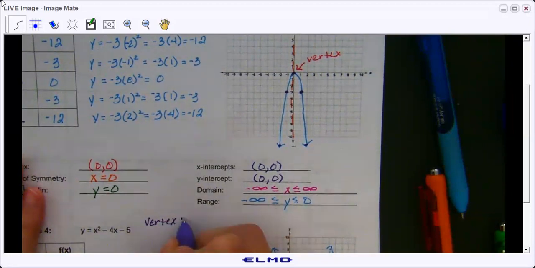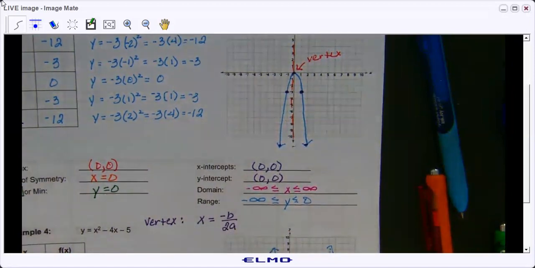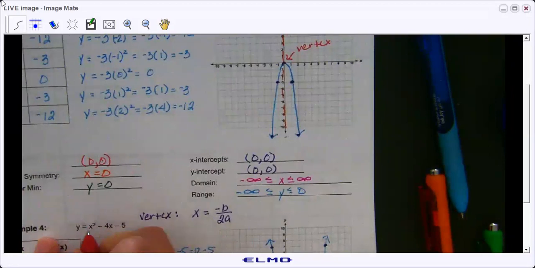It is x equals -b over 2a. -b over 2a. So what we're going to do is take this equation right here, our coefficients 1, -4 and 5. This is a, this is b, this is c.